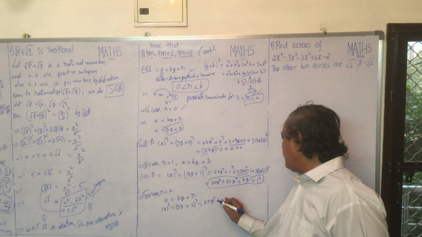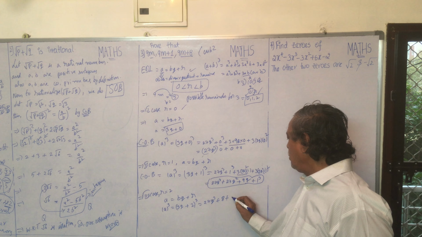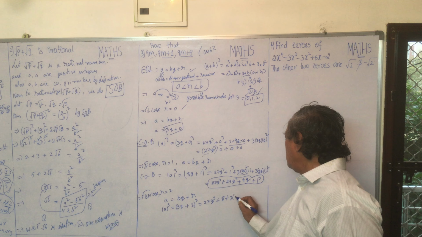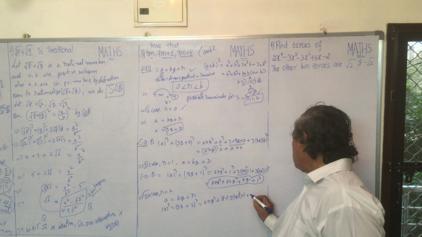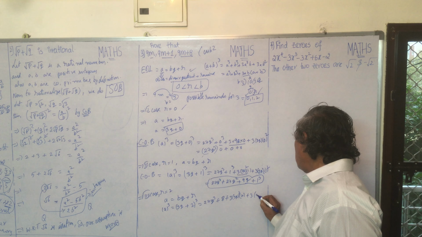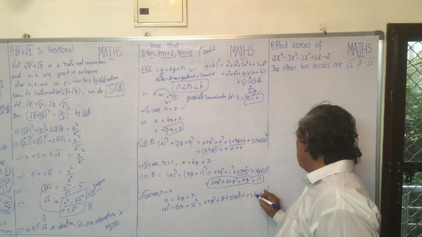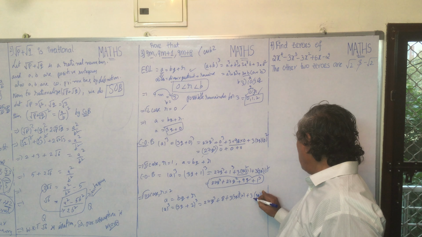2 cube means 8. 8 plus, tell me, 3a square b. 3 into 3q square plus into 2. Next plus 3 into 3q into 2 square. This is 8. Write down directly 8. 4.